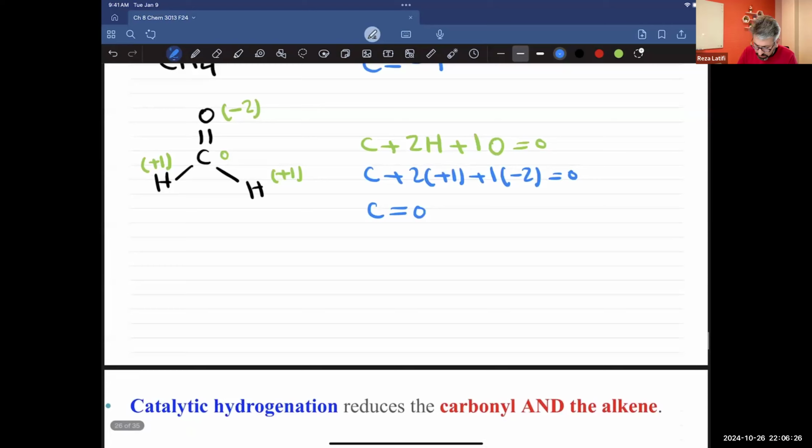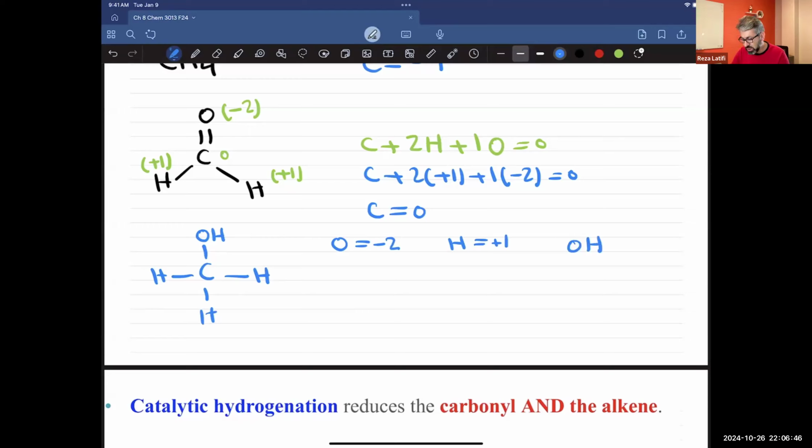Another one, how do we assign the oxidation number of this compound? Let's replace one of the hydrogens in methane with OH. The common charge for oxygen is -2, and for hydrogen is +1. So what's the charge for OH? It's -1, and we know OH has a -1 charge. So I have a carbon plus 3 hydrogens plus 1 OH.